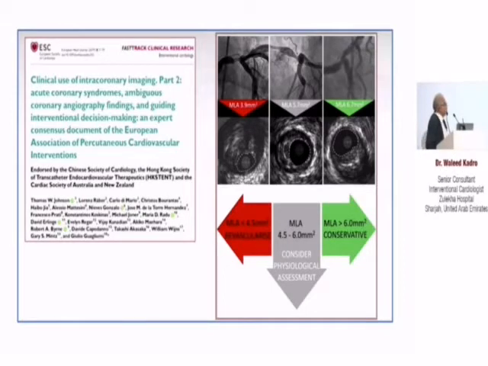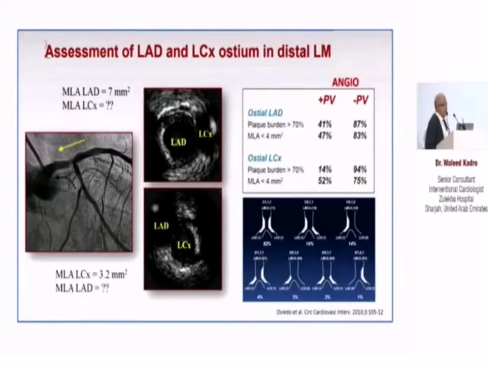You can defer that and do no intervention, and the patient is safe. If the minimum lumen area is less than 4.5 square millimeters, this patient needs revascularization. And if it is borderline, between 4.5 and 6 square millimeters, we need further assessment of functional status by adding FFR on top of the IVUS.